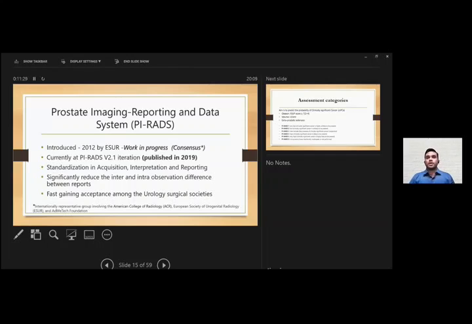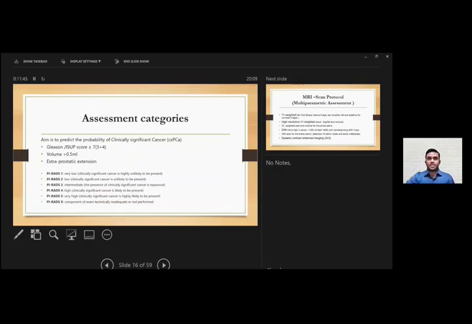So urologists around the globe are now taking PIRADS seriously and are referring patients to radiology for PIRADS staging. PIRADS staging has assessment categories, and the main aim for us is to diagnose the probability of clinically significant cancer.